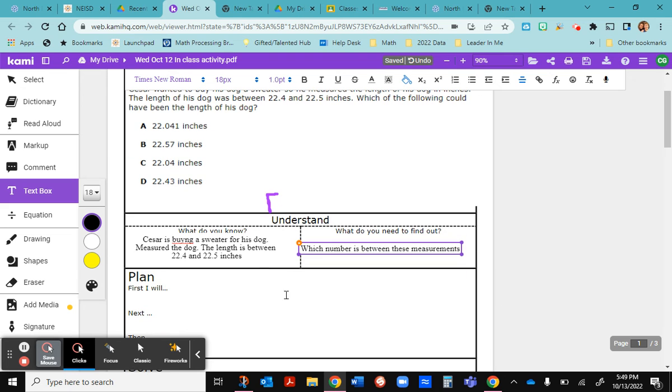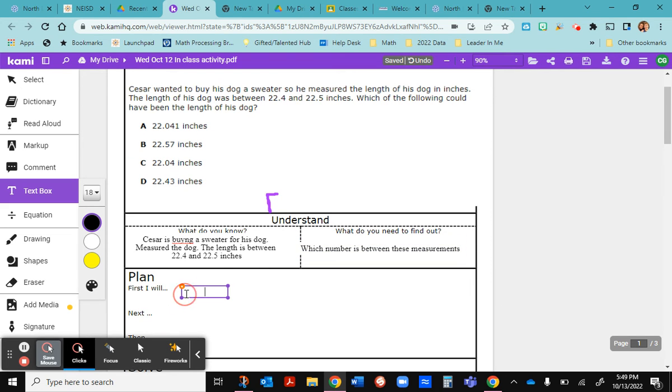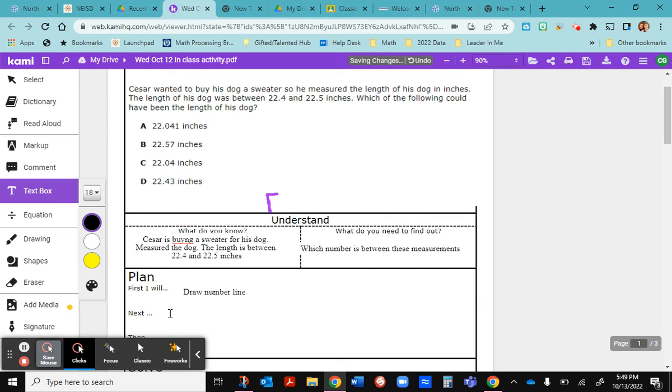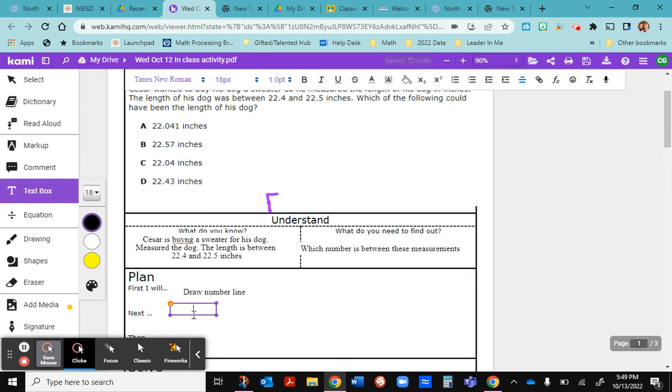All right, so now what's our plan? Oh, yeah, let's do a number line. So draw a number line. Next, we're going to mark both measurements on a number line. Mark the number line with the measurements.